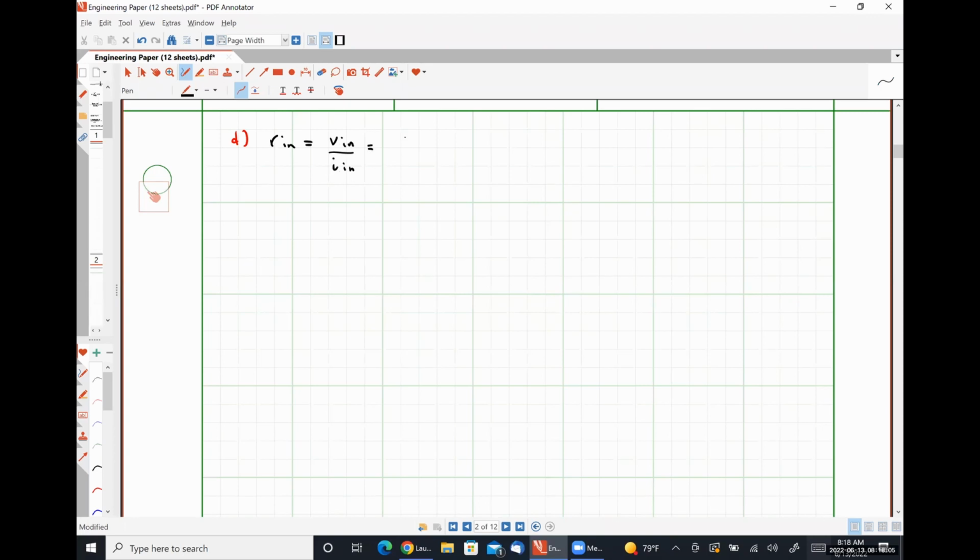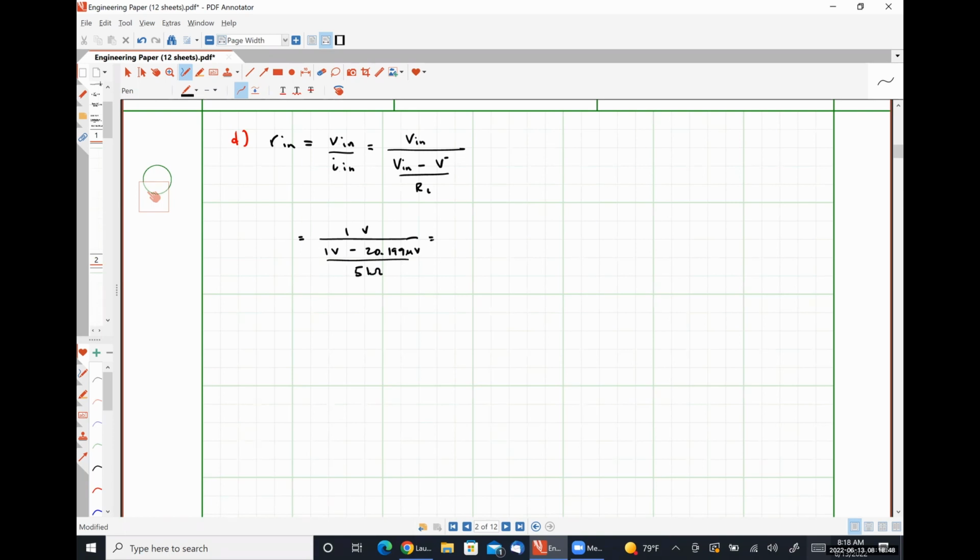So this is going to be VN divided by VN minus V minus over our resistor R1. And if I substitute in my numbers here, this is going to look like 1 volt divided by 1 volt minus 20.199 microvolts divided by 5 kilo ohms.